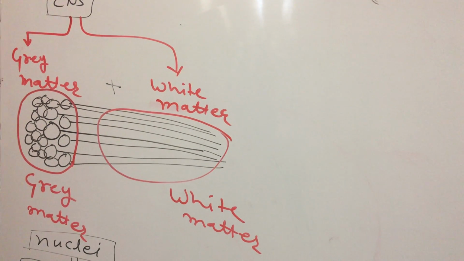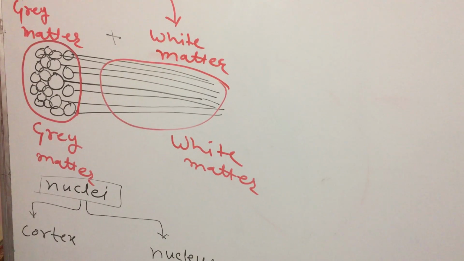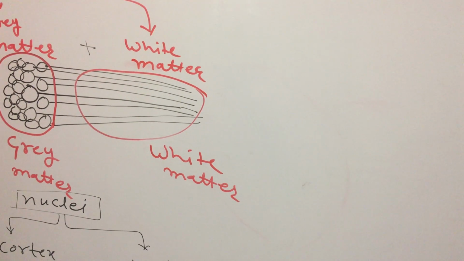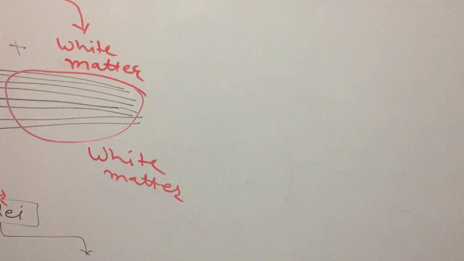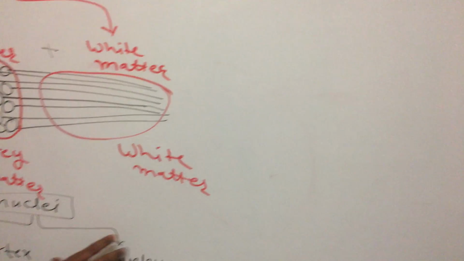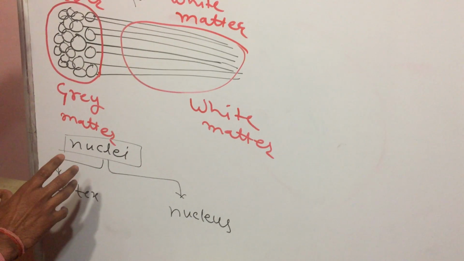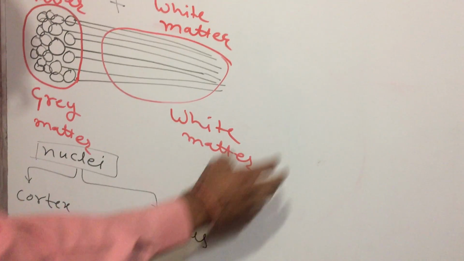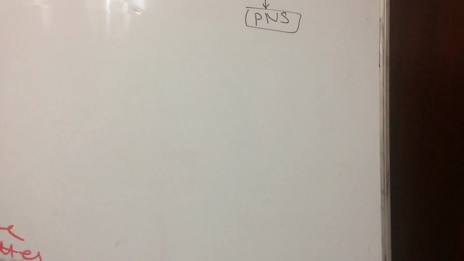Gray matter has cortex. So let's see, in a very simple diagram, what is the cortex, what is the nucleus, and what is the difference between cortex and nucleus.